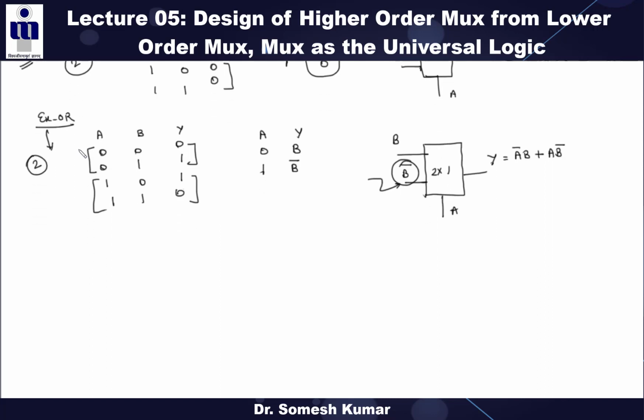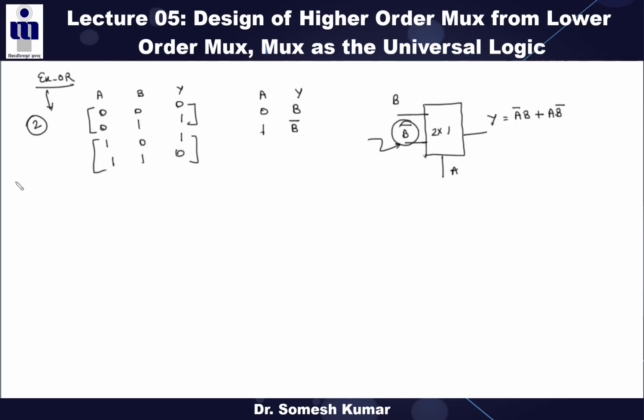Now we come to the XNOR gate. This is the truth table of the XNOR gate. If A is 0, what is Y? It is B bar, the opposite of B. If A is 1, what is the output?